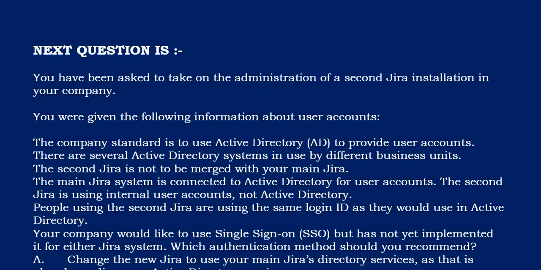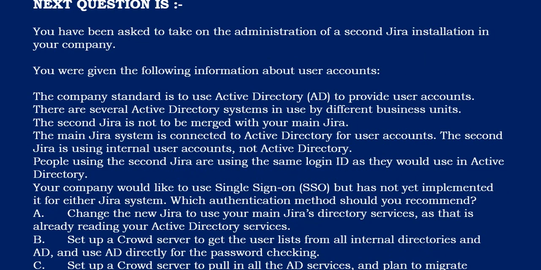Our question is, you have been asked to take on the administration of the second Jira installation in your company. You were given the following information about user accounts. The company standard is to use Active Directory to provide user accounts. There are several Active Directory systems in use by different business units. The second Jira is not to be merged with your main Jira.